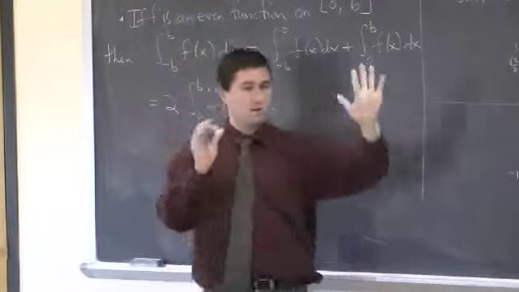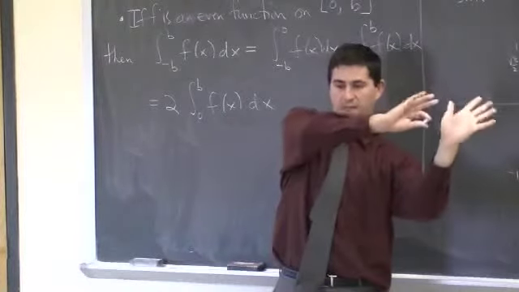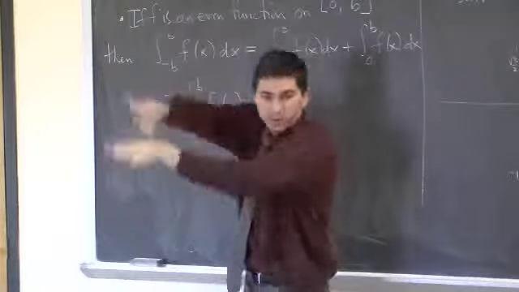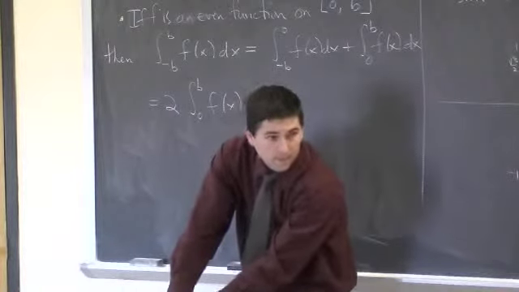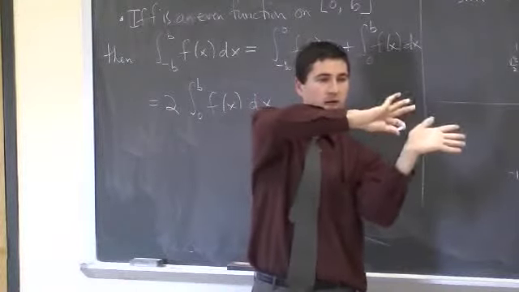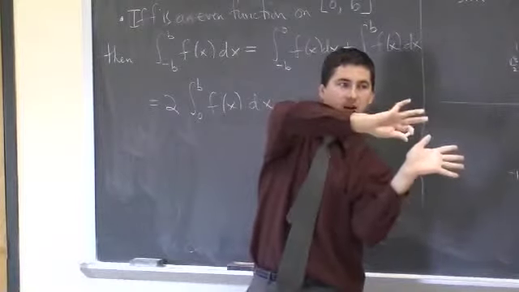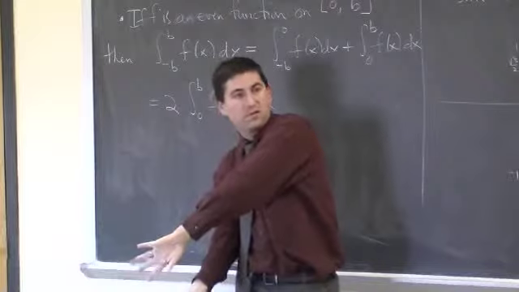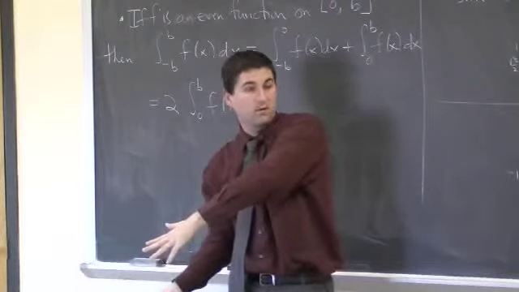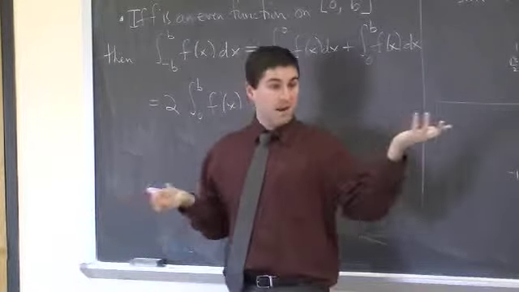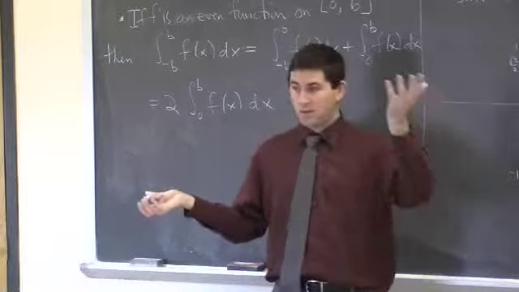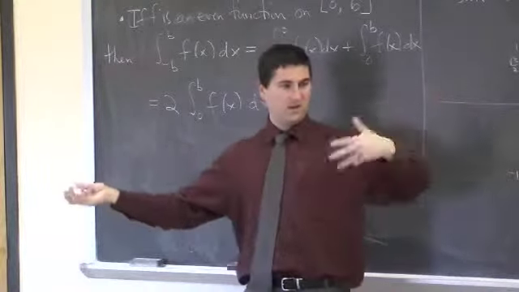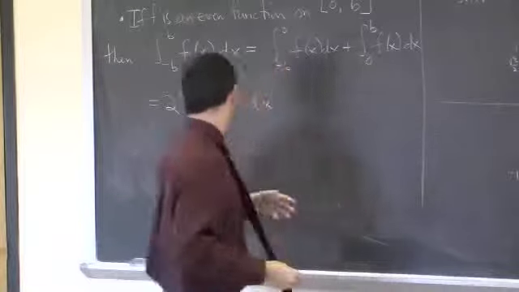Right? Geometrically, that meant you took your picture, your graph, right? You reflected it across, and then you reflected it down. Now what's happening to the area when you do that? Right? We have this nice positive area. You flip it across and then flip it down. All that area becomes negative, right? But it's still the same amount up to absolute value. So what should be happening then? They should cancel each other out.